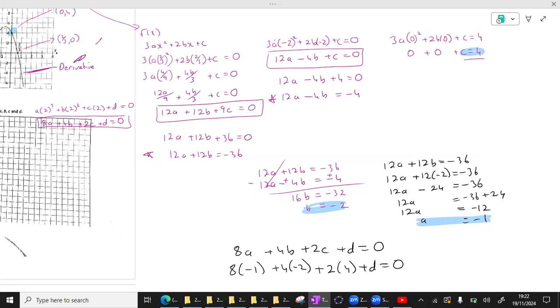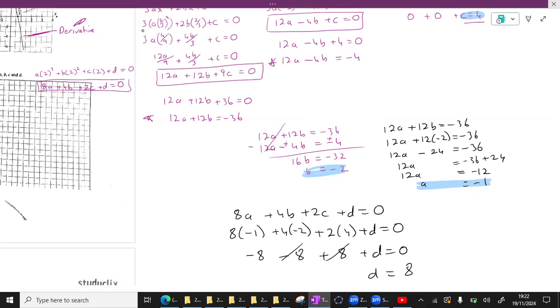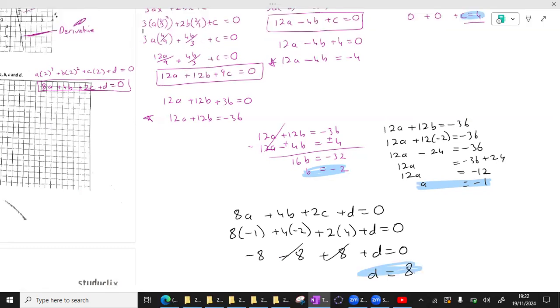So that's minus 8 plus 8 plus D is equal to 0. They cancel, and D, I move the 8 over, D is 8. So here is my last one. And again, 10 marks for that one. So my A, B, C, and D. And I'll finish that one there.